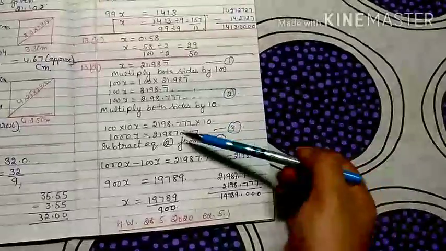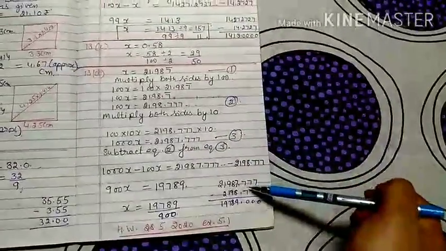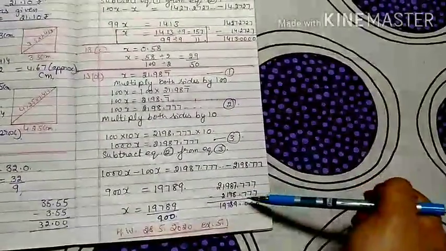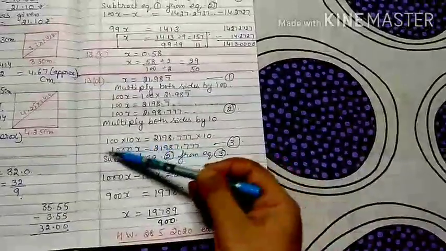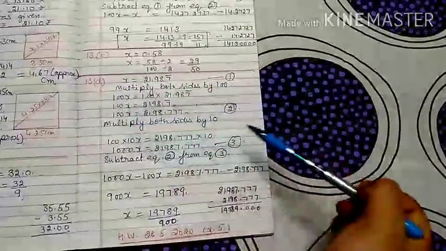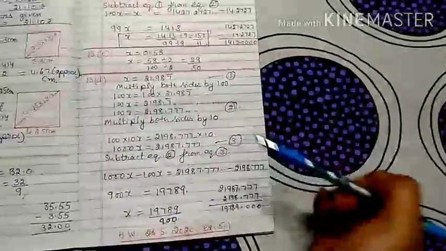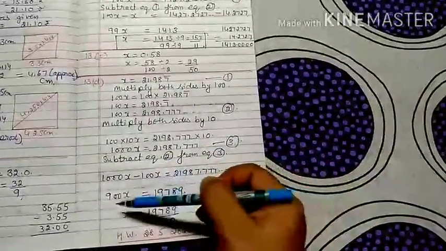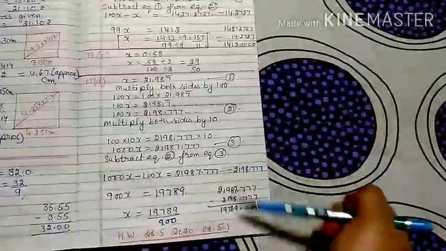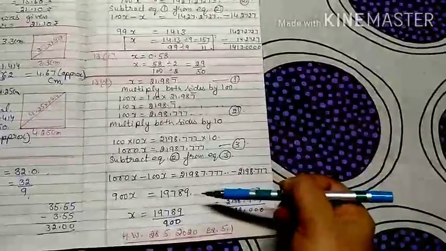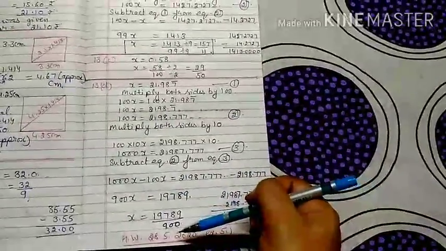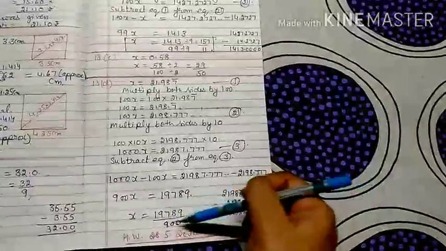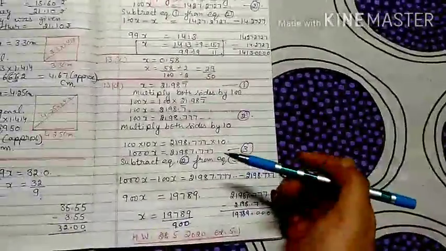So here when you subtract, 2198.77 minus 2198.77, so 1000 minus 100, this 1000x is subtracted from here. Subtract equation 2 from equation 3. 1000 minus 100 gives me 900, and when you subtract this, that gives you 19789. So cross multiply, 19789 by 900. They are already in the lowest form, no further reduction is there.